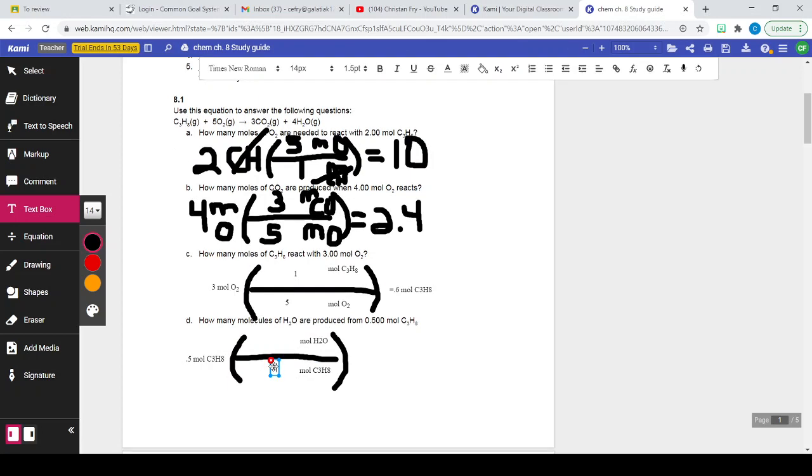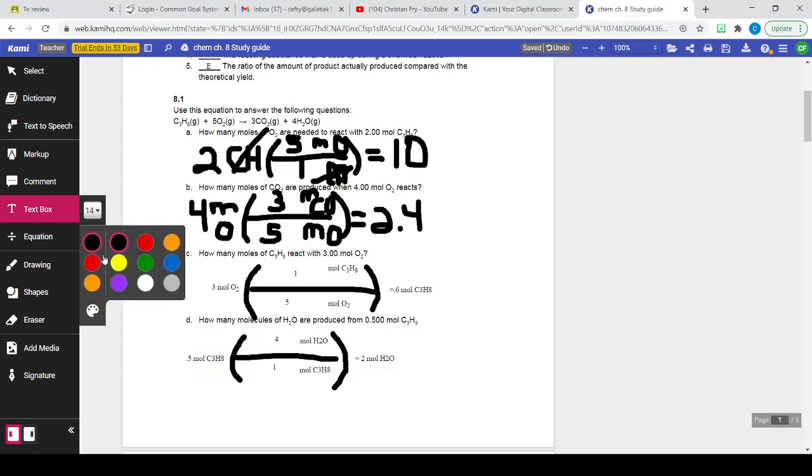I'm still going to use my equation. H2O is 4. So this equals 0.5 times 4, which would be 2 moles of H2O.